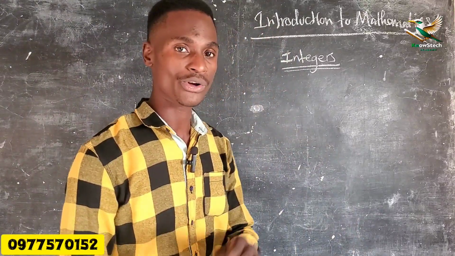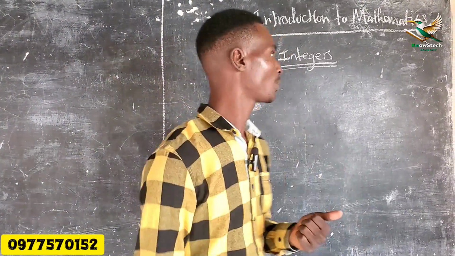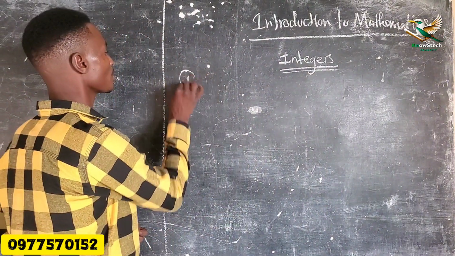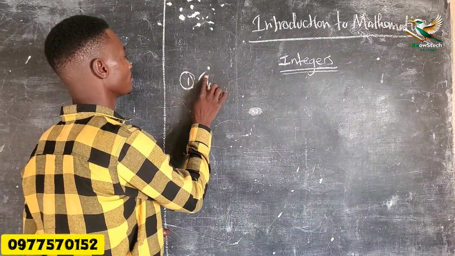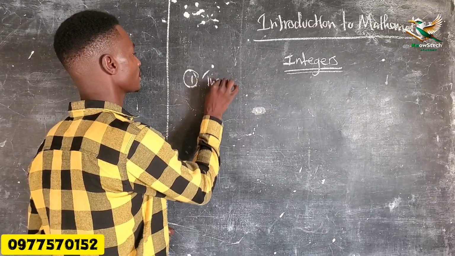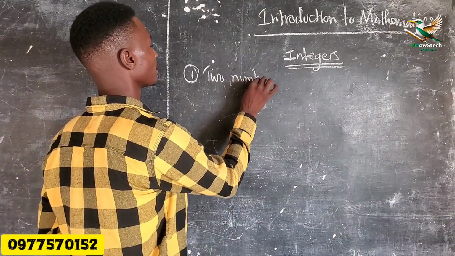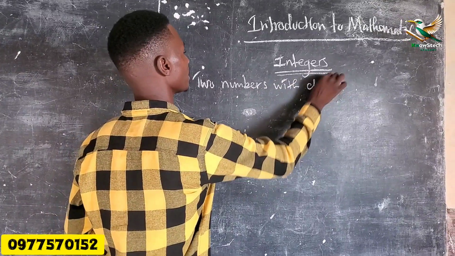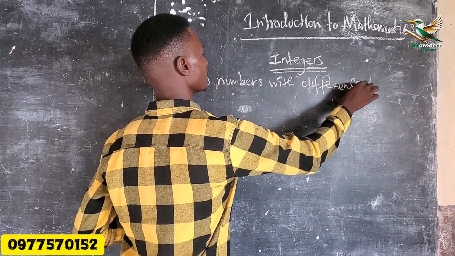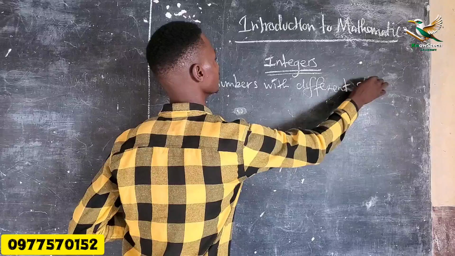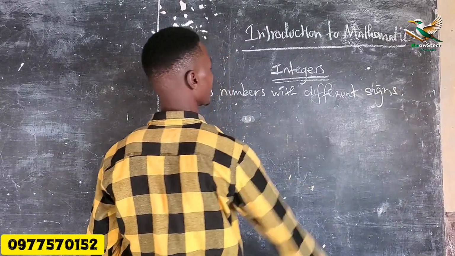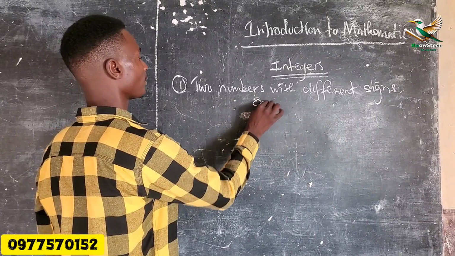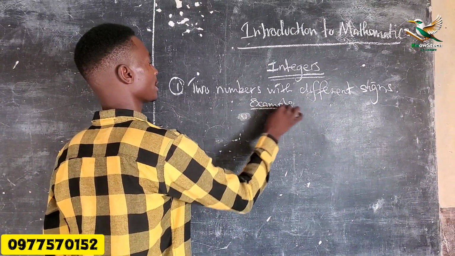What do you do when you have two numbers with different signs? That is the example.